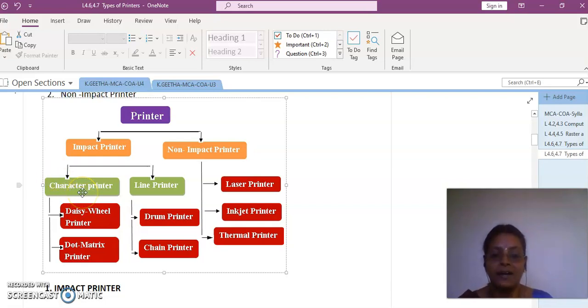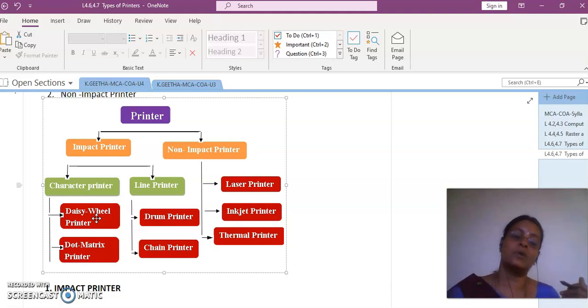Coming to this character printer, again we have further classification. One is called a daisy wheel printer, another one is called a dot matrix printer. With the daisy wheel printer, as the name implies, the print fonts will be positioned in the form of a daisy wheel, and since the printing heads appear in the form of a daisy wheel, it is usually referred to as a daisy wheel printer.